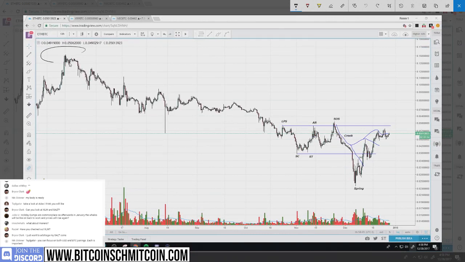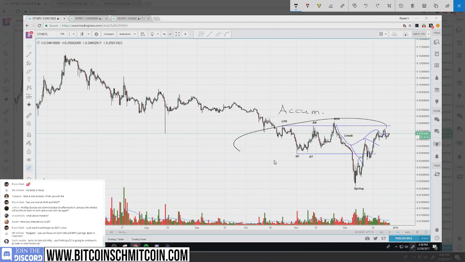Okay, so it reached the top of its market cycle back in June, and it's been going through markdown, and now it's found its bottom here. And now this is accumulation here, accumulation for this trading range right here.